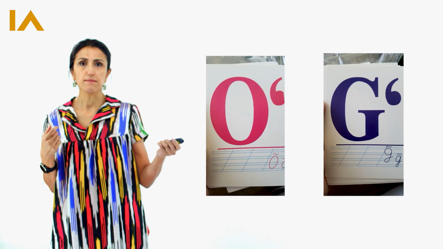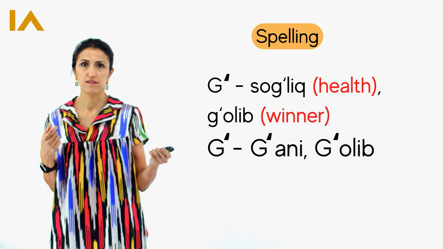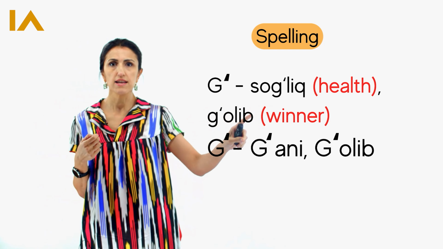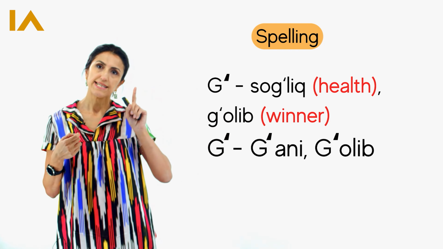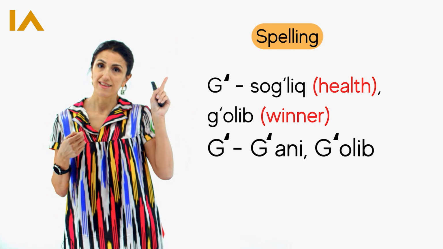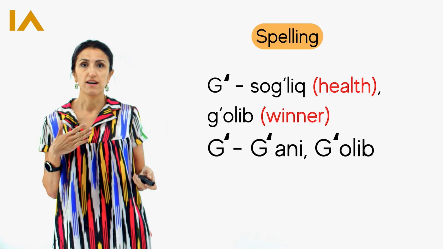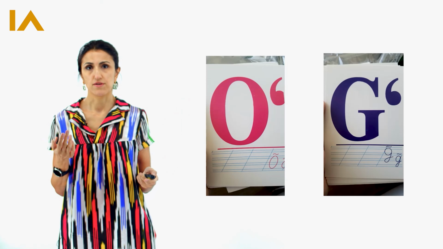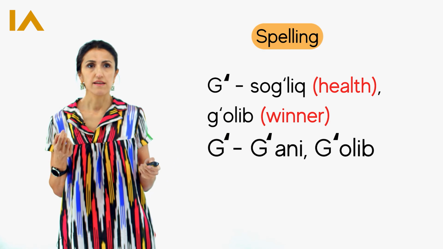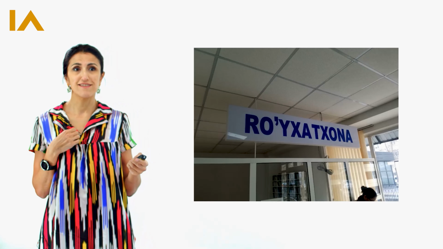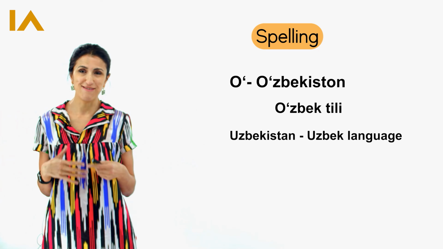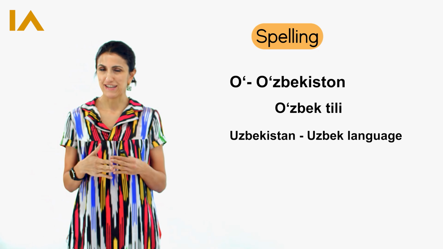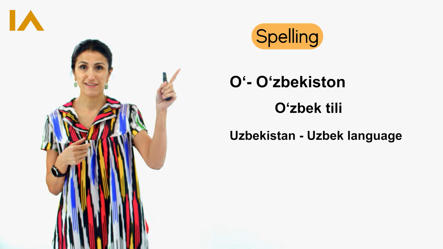Okay. Then the same story with the g sound. The g also has its apostrophe, the same thing. When we say g'alib, its tail is looking up. It looks like 6. This is the right version. But you could still see the other two. And for me, it matters because this is the name of our country, the name of my discipline. So I personally use this version.